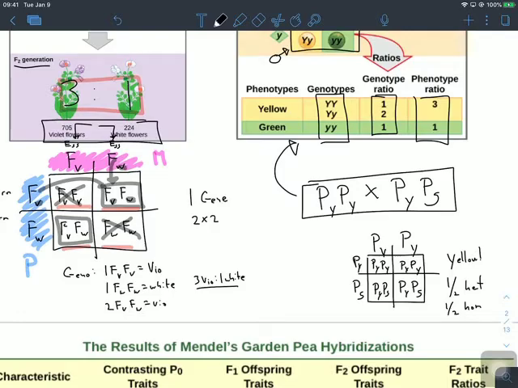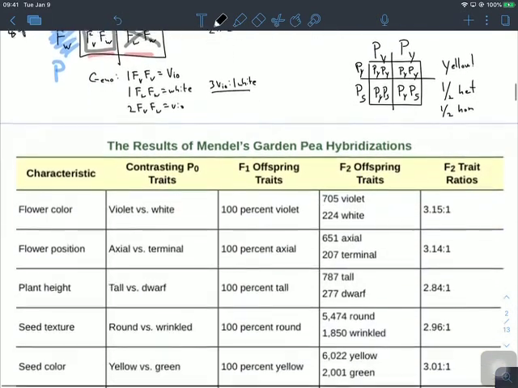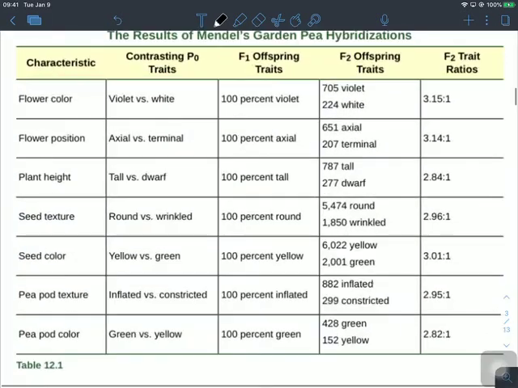Now, looking at all 7 of Mendel's traits, since we'll be mixing and matching for our next little exercise, we have flower color, violet versus white, flower position, axial or on the side versus terminal or on the end point.